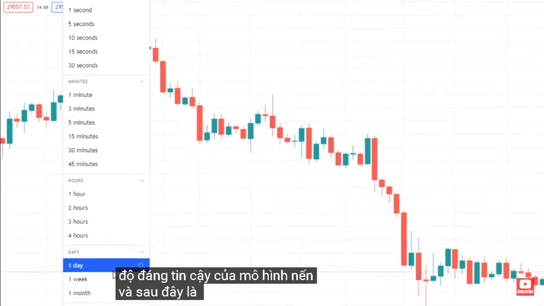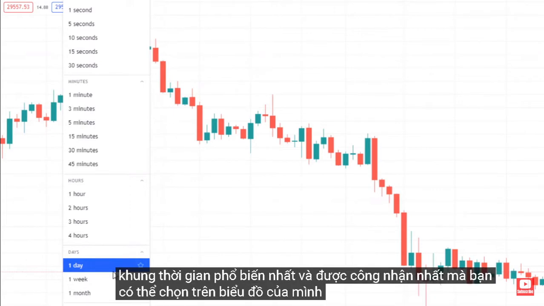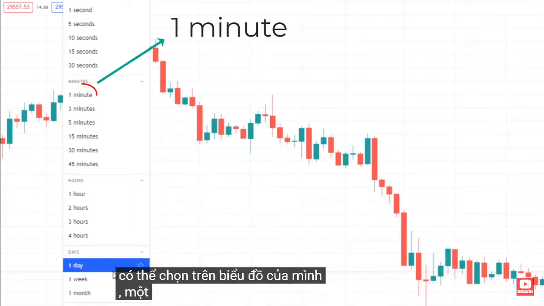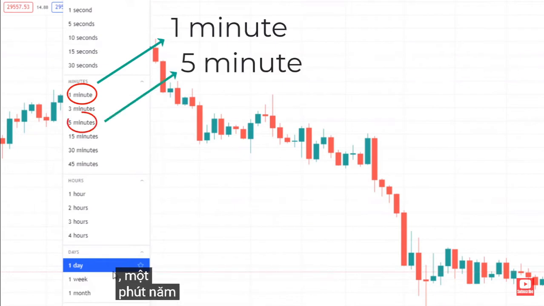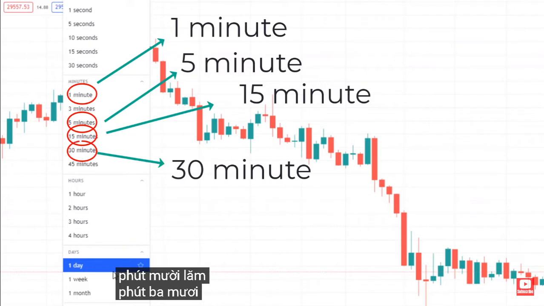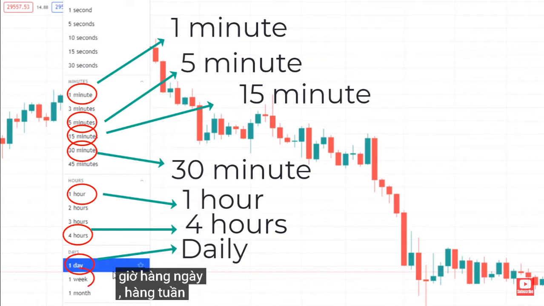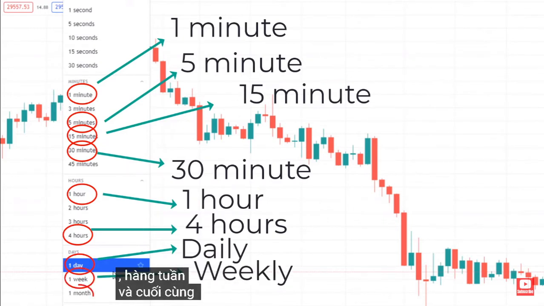And the following are the most common and most recognized time frames that you can pick on your charts. The 1 minute, the 5 minutes, the 15 minutes, the 30 minutes, the 1 hour, the 4 hours, the daily, the weekly, and finally the monthly.